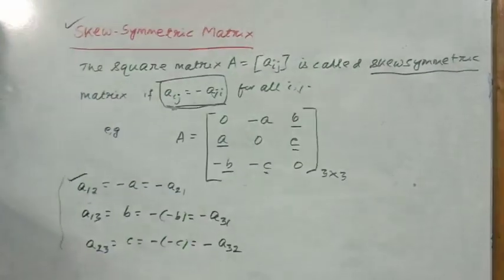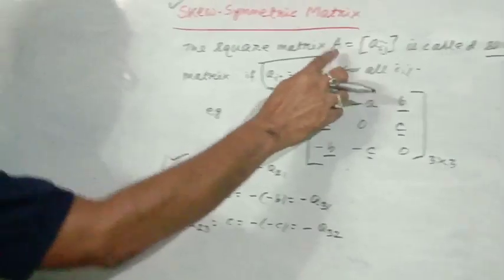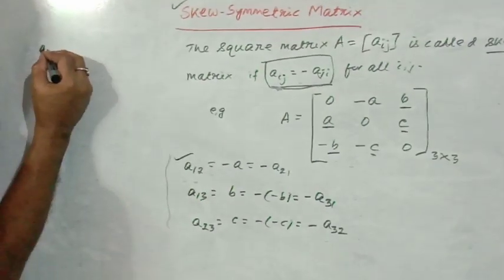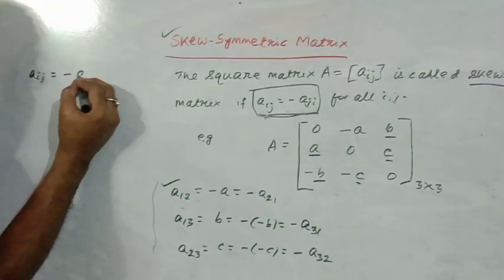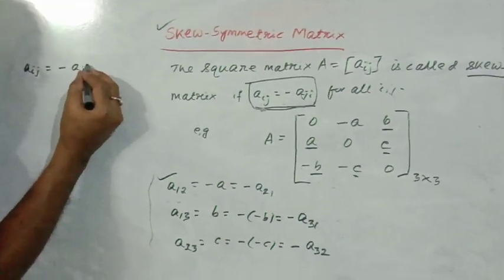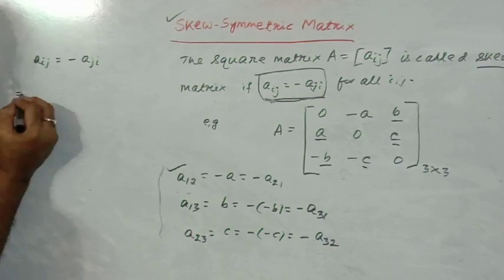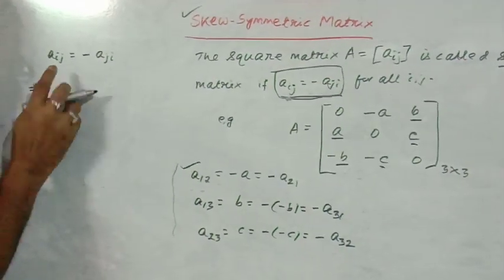Now again you see that this square matrix A is a skew-symmetric matrix if it satisfies the condition that Aij is equal to minus Aji. That means I can say here, what is Aij?